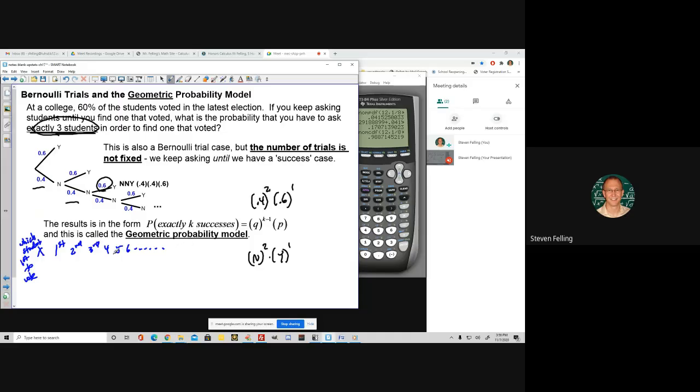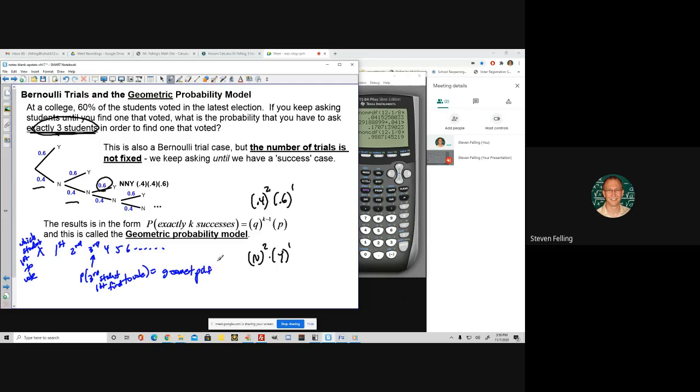Okay, so if I'm trying to find the probability that we have to ask exactly 3 students, in other words, the third student is the first success, the probability that the third student voted is the first that we find to vote, that could be found with a geometric PDF function, because it's a particular single value.